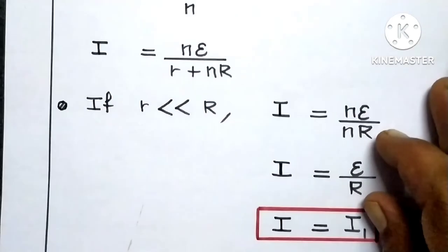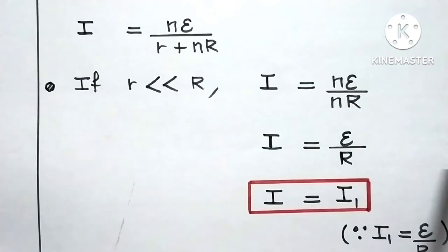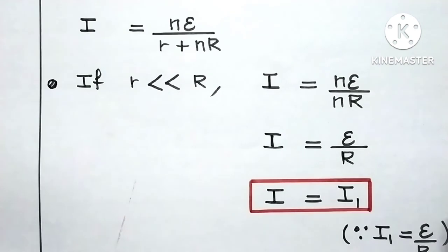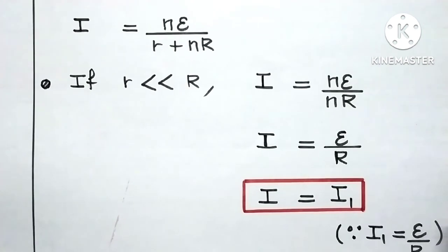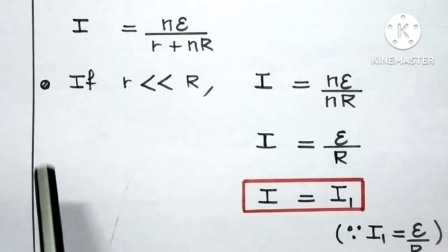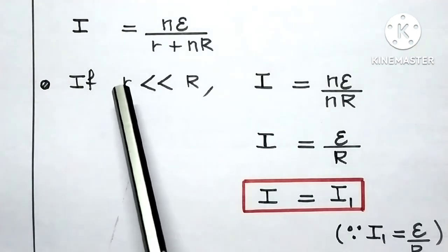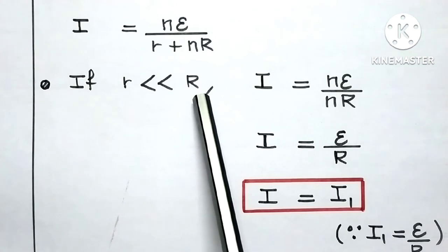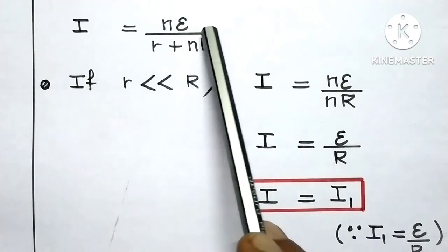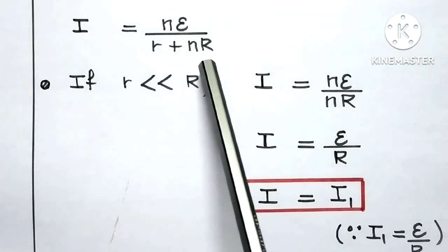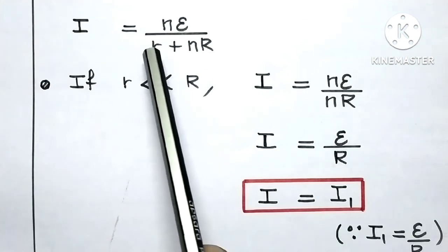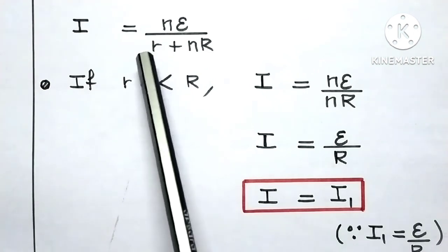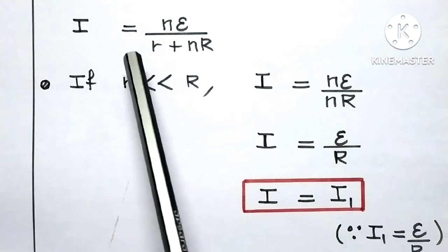Now let us see the condition. If small r is very much smaller than capital R, then we need to neglect this term from this expression. As small r is negligible, it can be removed.